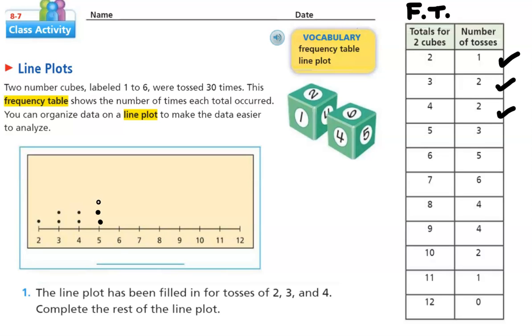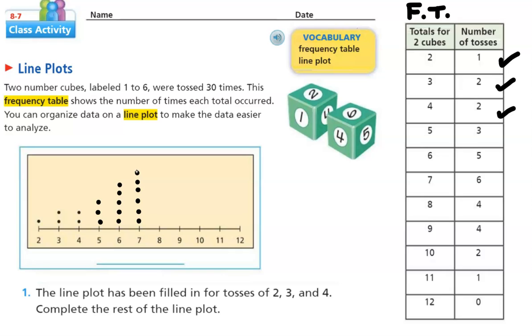The next part is how many times the 2 dice added up to equal 6. That happened 5 times, so that's 1, 2, 3, 4, 5. For the 2 dice adding up to a total of 7, that happened 6 times, so we would do 1, 2, 3, 4, 5, 6.